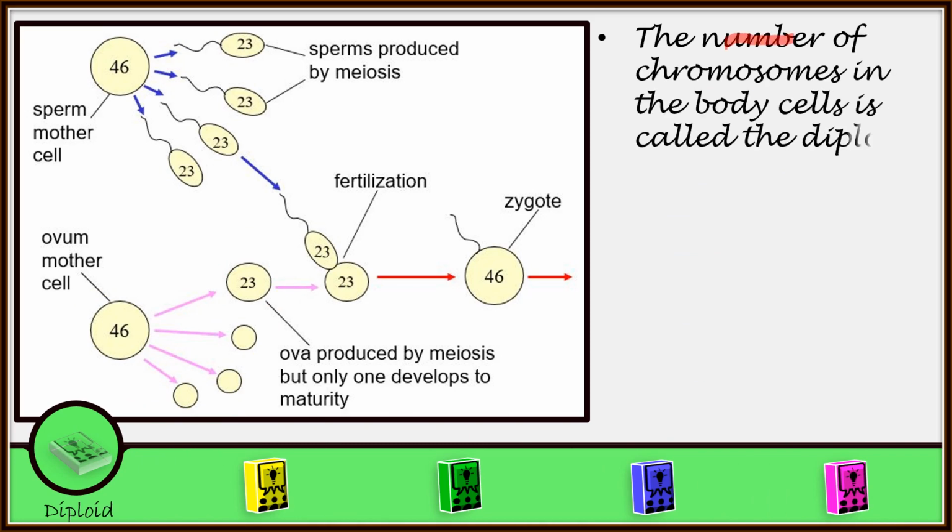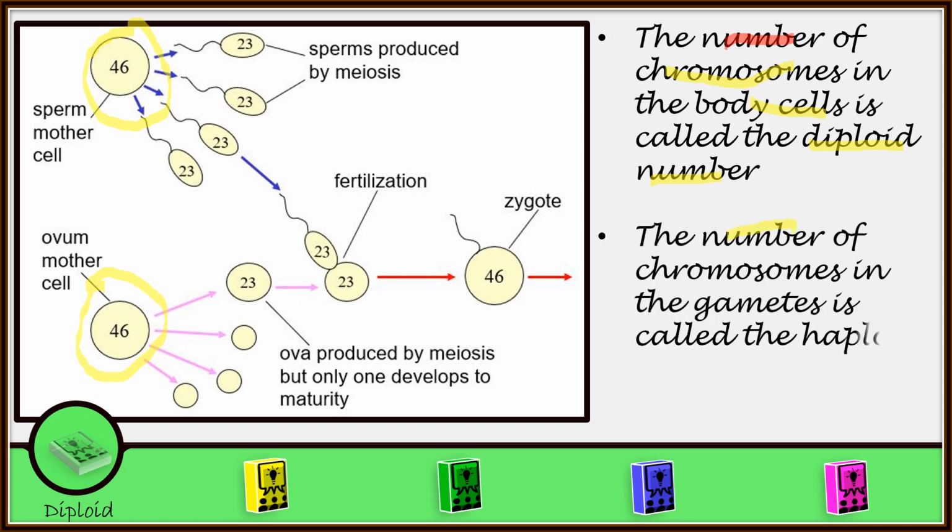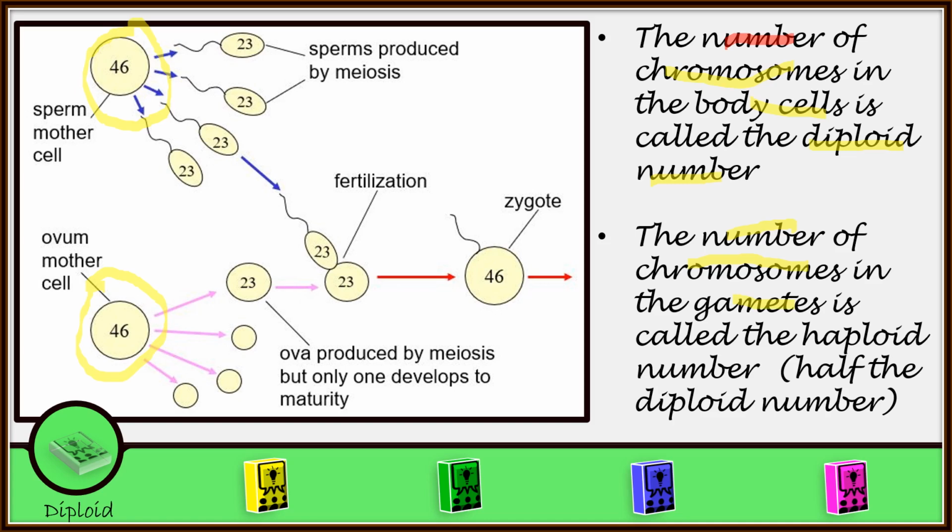The number of chromosomes in the body cell is called the diploid number. So here in the body cell we have 46 chromosomes. This 46 chromosome is what we are calling a diploid number. Then the number of chromosomes in the gametes is called the haploid number, which is half the diploid number.